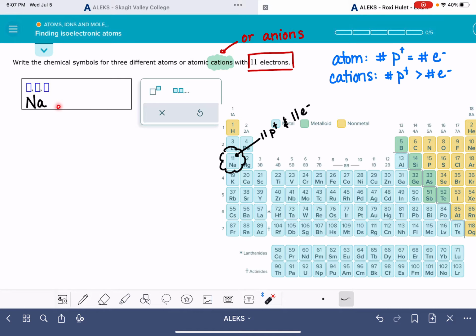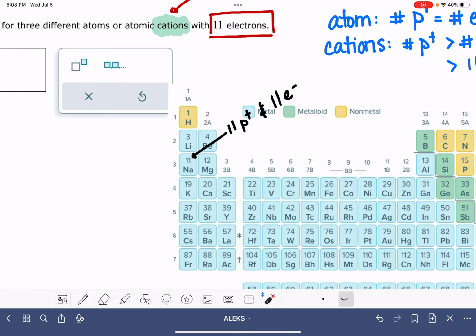For my cations in this particular problem, they all need to have more protons than 11, because my number of electrons is stuck at 11 based on the conditions of this problem. So I need to find atoms or ions that have more protons than 11. And the easiest way to do that is to just go over to the next spot on the periodic table.